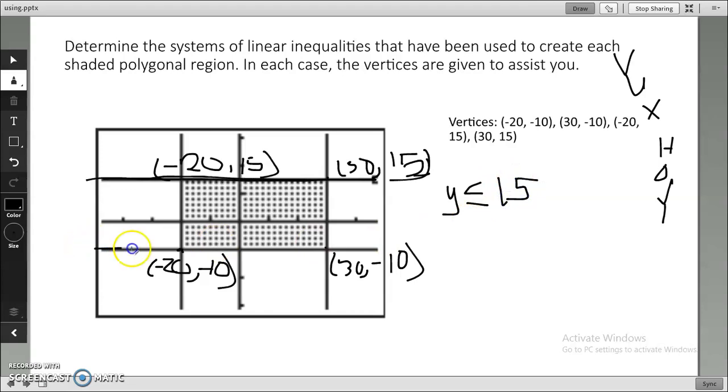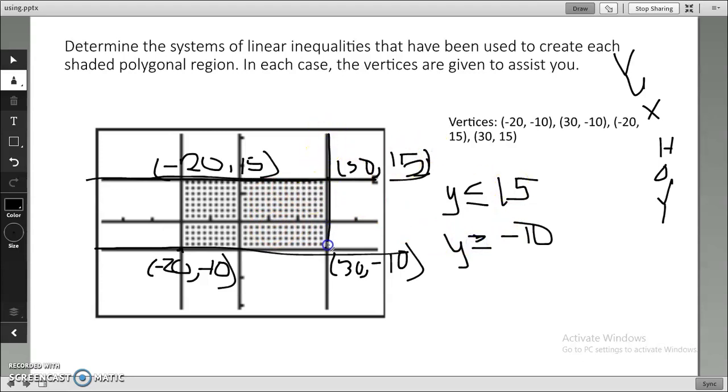The next one is also a horizontal line, so it's y equals again. I'm going to look at my y, and it's -10. This time I want everything above it, so it's greater than. So y is greater than or equal to -10.